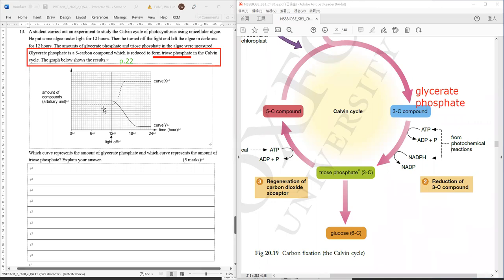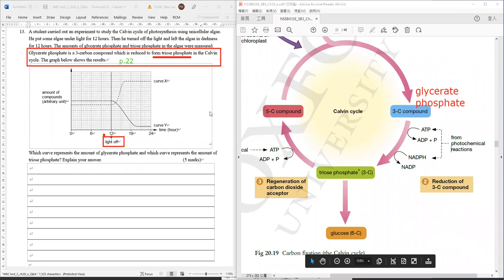What happens when you turn off the light? Okay, once the light is turned off, what happens?